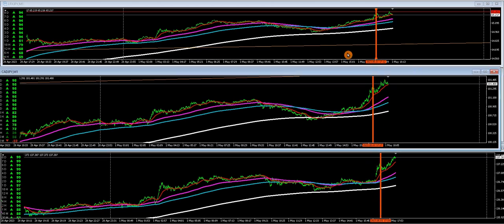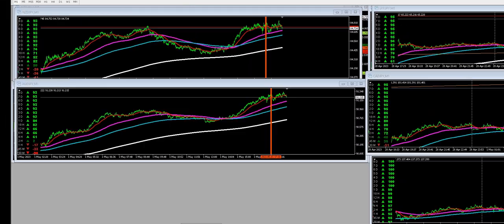So we've got CAD up, LFX up slash sideways, but it's up. We got New Zealand sideways slash up, and Aussie sideways slash up.